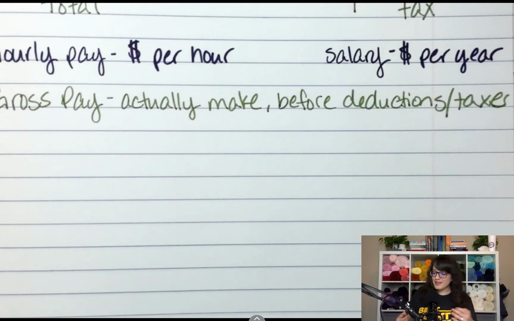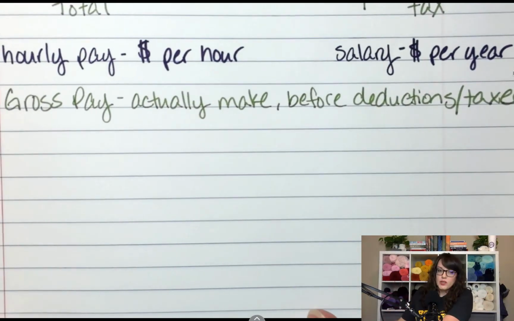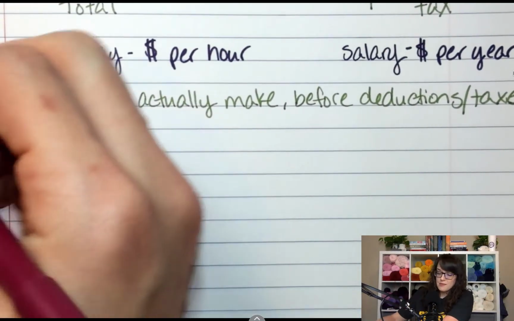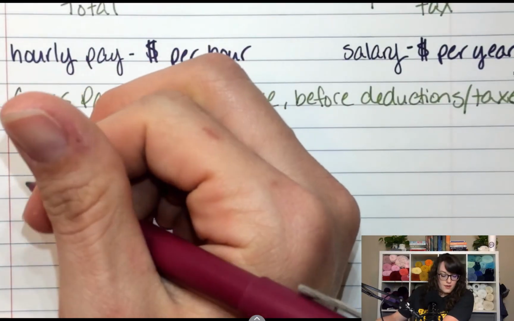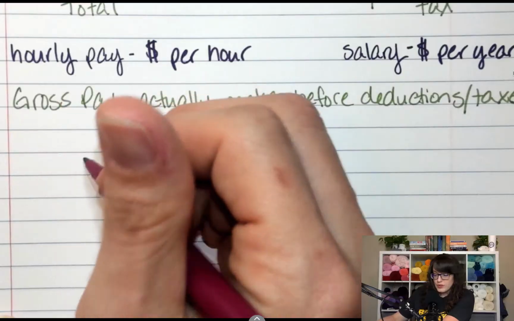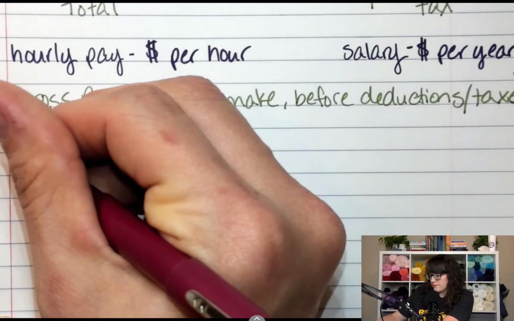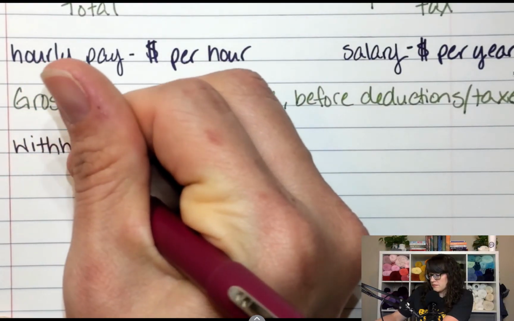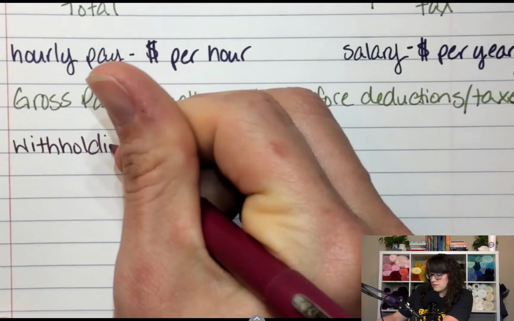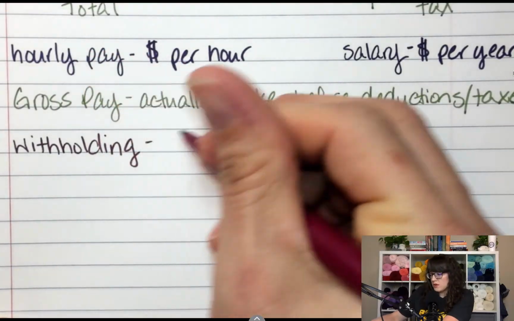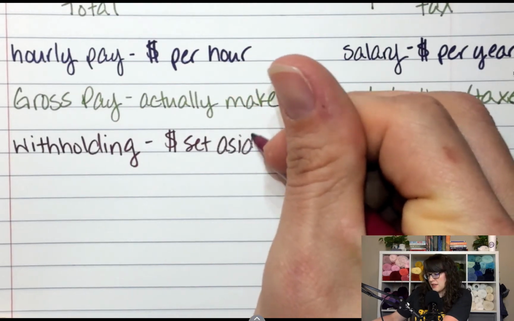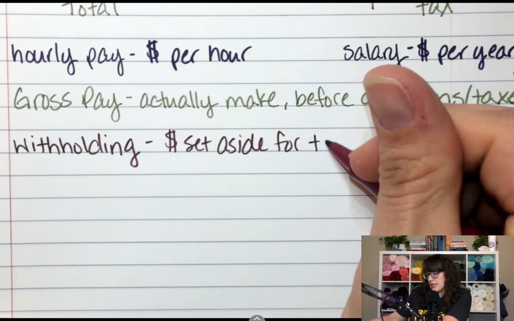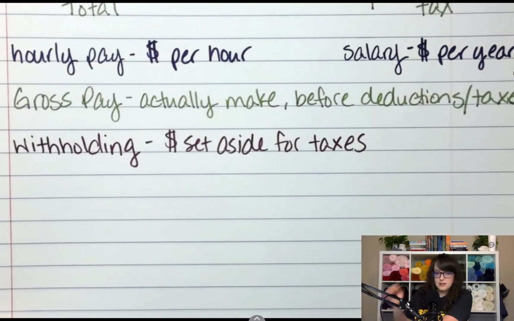Then what happens is you are going to have to set aside some for income taxes. We usually call that withholding. Withholding is money set aside for taxes.